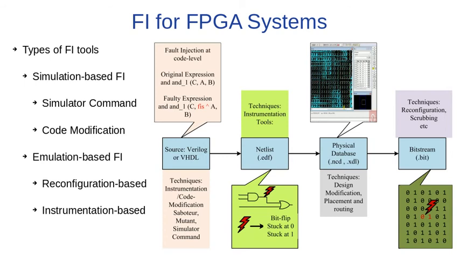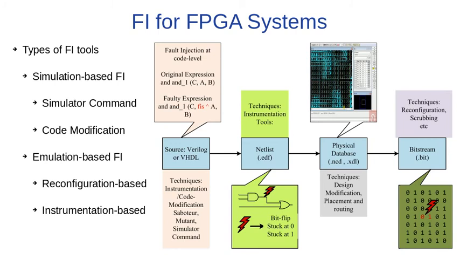In the code modification technique, the code is changed by injecting a fault in the system, and then we simulate that change and observe the results. Emulation based fault injection is also divided into reconfiguration based fault injection and instrumentation based fault injection.